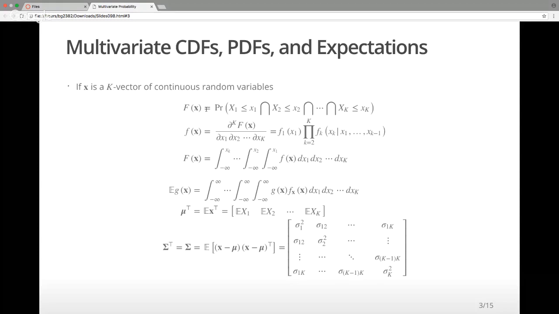But conceptually, the expectation of a vector is a vector of expectations, and the expectation of a matrix is a matrix of expectations, everything of the same size.